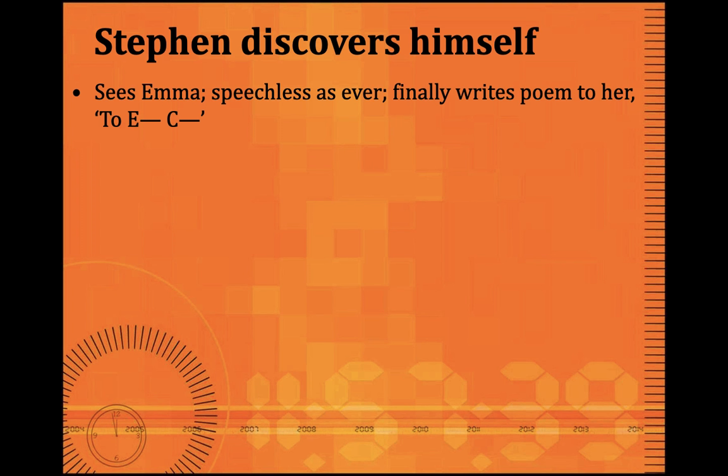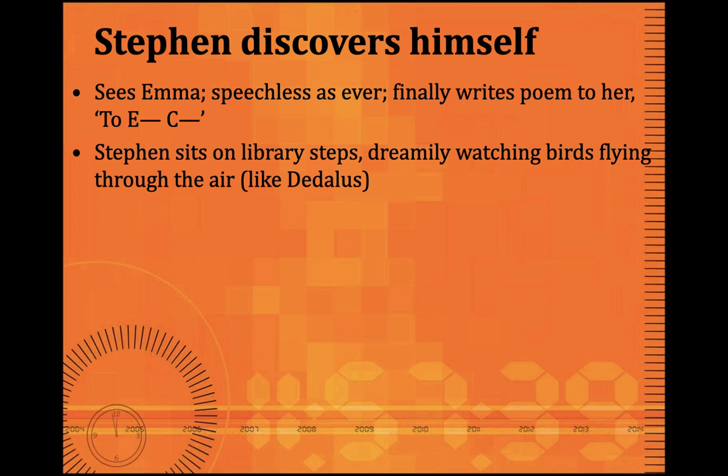but finally he's able to write a poem for Emma. He titles it too, E.C. Emma Clare, that is her name. And then Stephen sits on the library steps, dreamily watching the birds flying through the air like Daedalus. Like Daedalus, he wants to fly away and escape. He talks to Cranley about Easter rituals.